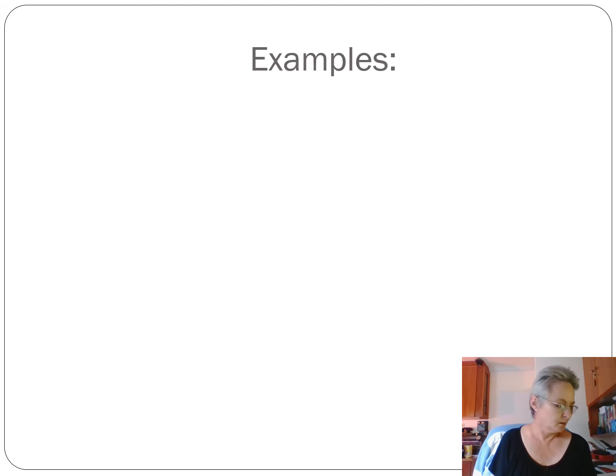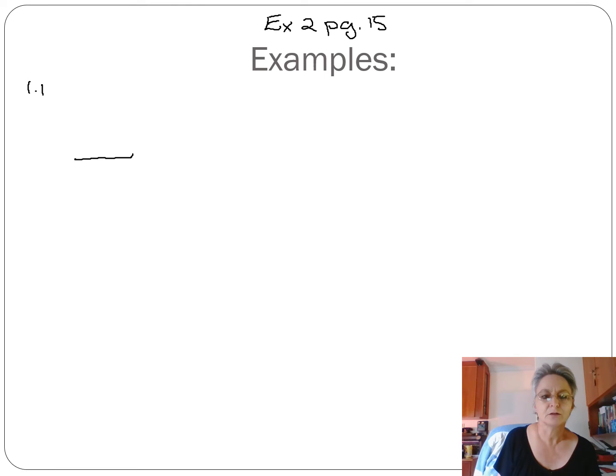Next, I want us to go to exercise number 1.1. So it's exercise 2 on page 15, number 1.1. There is a pulse there, A, and if you count the blocks, it is 7.5 blocks up. That means the amplitude is 7.5, from the rest position, the maximum displacement.